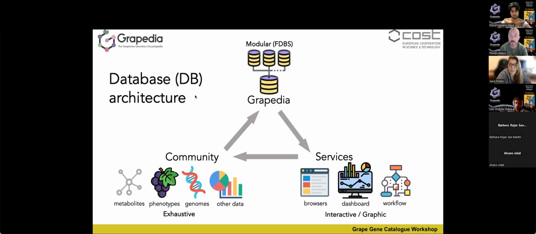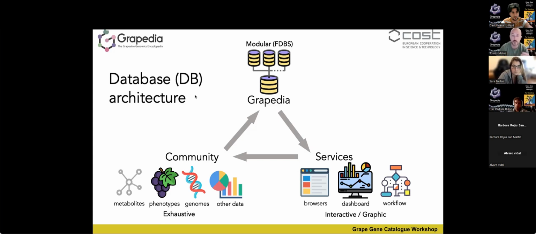The three main pillars of the Grapedia database are, first, the community, so all the resources generated by the community that are freely available, and that we will also offer in open access within the portal. And these are very exhaustive. We have different types of data: omics data, phenotype data, literature data.